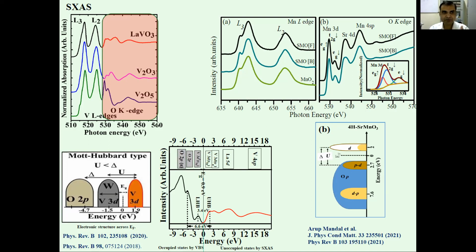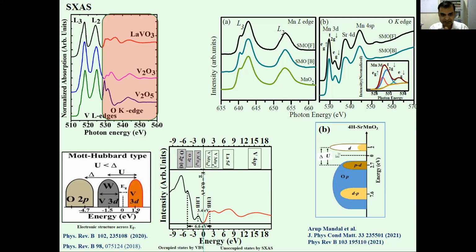So we can get the information about the charge state, and we can get the information about the crystal field splitting present in the system. We can also, by combining the valence band spectra or the information obtained from resonant photoemission, get an idea whether close to the Fermi level the first feature arises because of only oxygen, or the hybridized oxygen and transition metal, or only the transition metal.